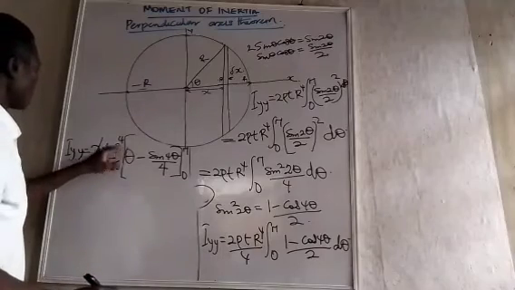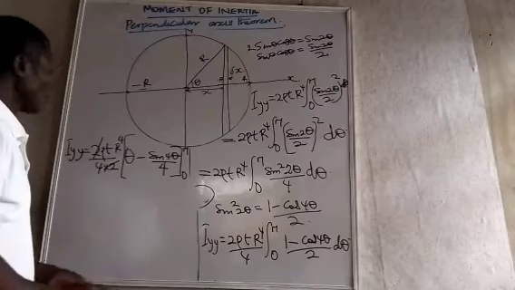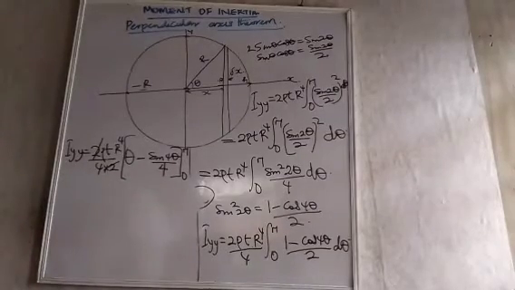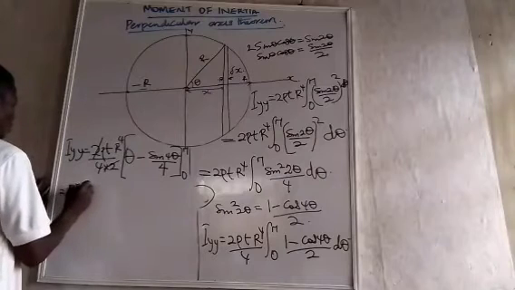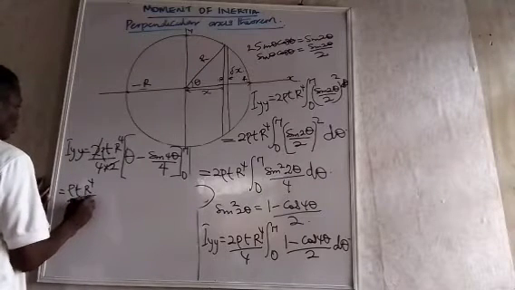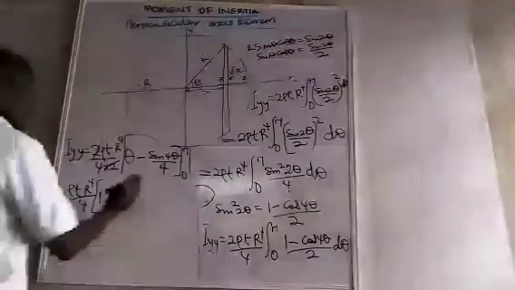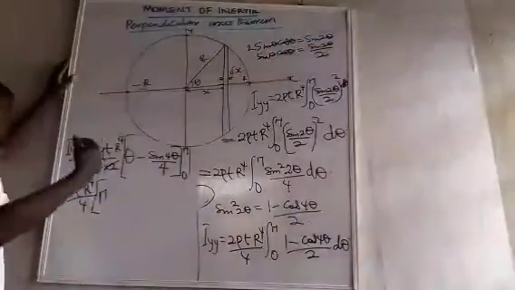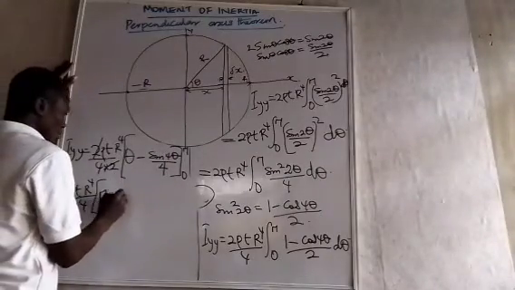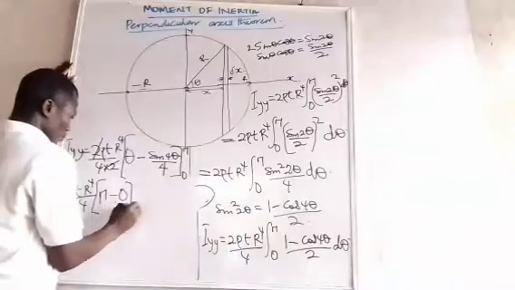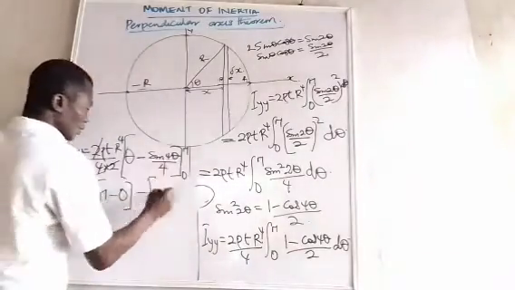So rho t r raised to the power 4 over 4 into theta minus sine 4 theta over 4 from pi to 0. So this will give me rho t r raised to the power 4 over 4 pi. When we have sine 4 pi, that will be 0, and sine 4 times 0 equal to 0.